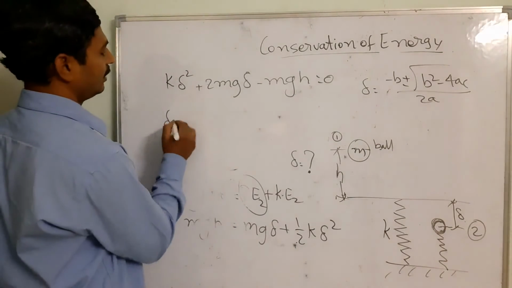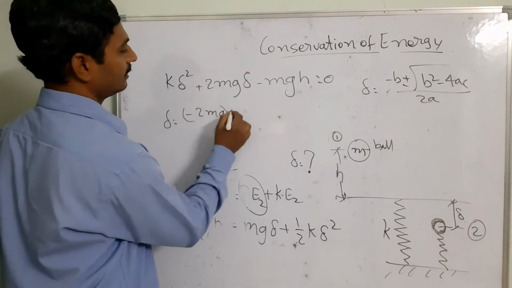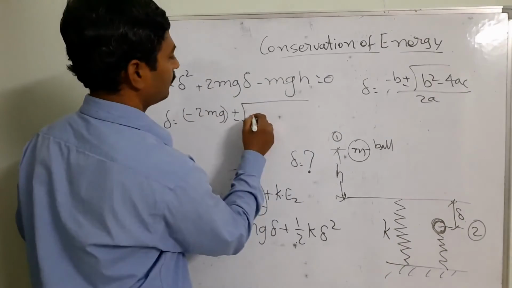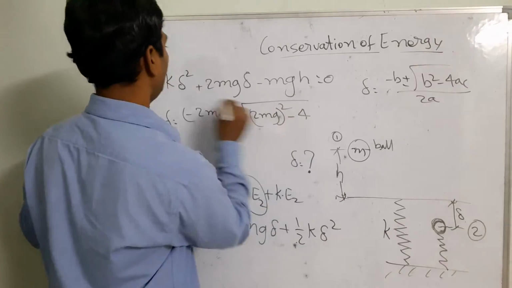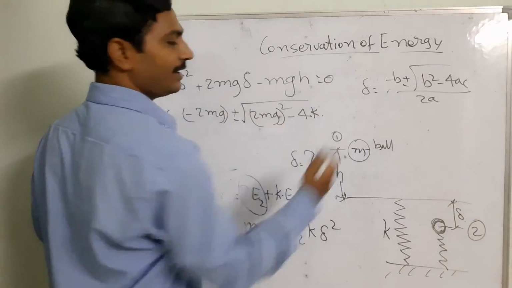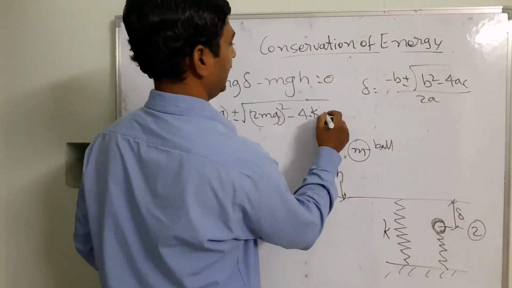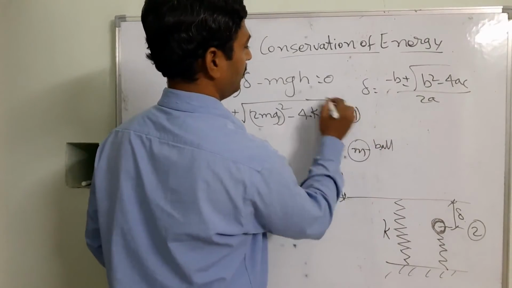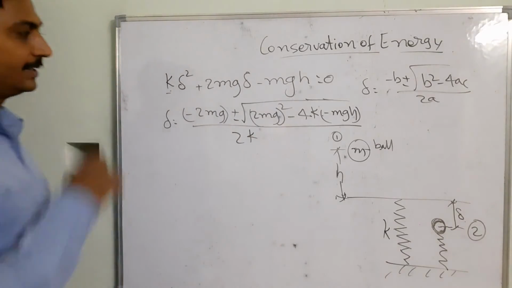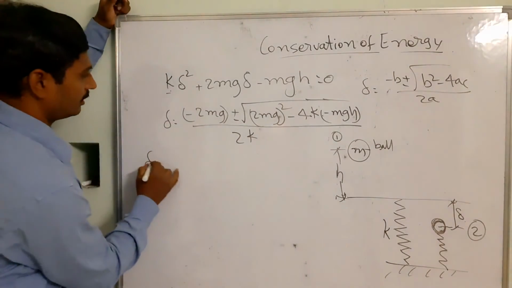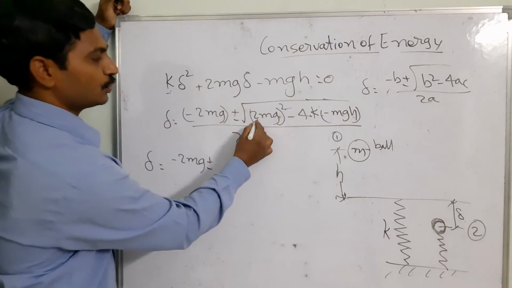Del is equal to minus b, meaning minus 2mg, plus or minus the square root of b square, meaning 2mg whole square, minus 4 into a, which is k, into c, which is minus mgh, divided by 2 into a, that is 2k. So in this simplification, that is equal to minus 2mg plus or minus, here 2 square is going to be 4.